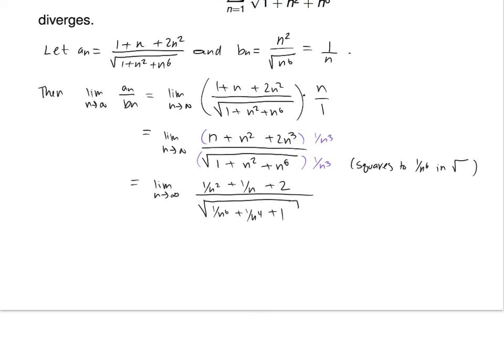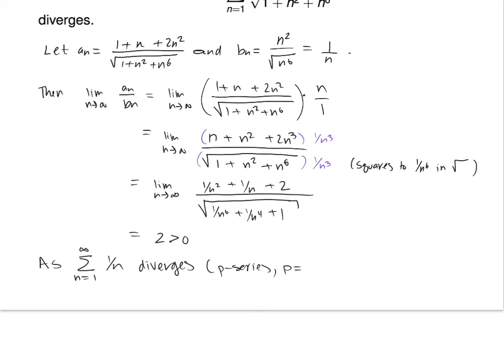And like on your take-home quiz, you're going to have to show your steps in these limits and show me you know how to do it. So then that limit is equal to 2, which is greater than 0. So as the sum from n equals 1 to infinity of 1 over n diverges, you could say it's a p-series with p equal to 1, or you could say that it was a harmonic series.